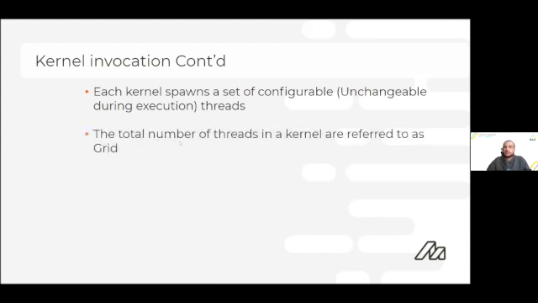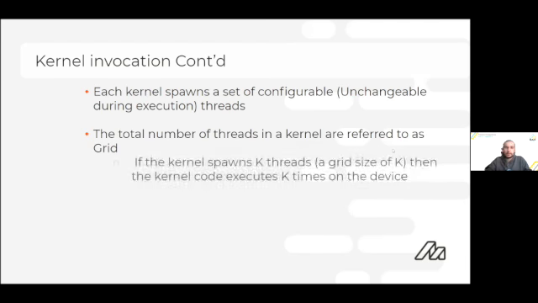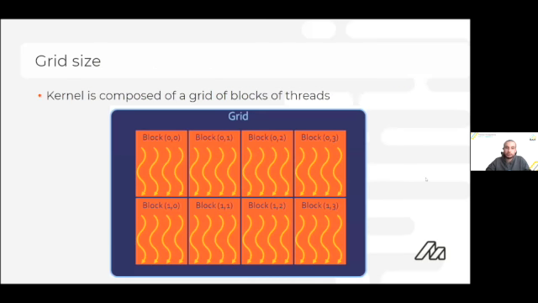The total number of threads in a kernel is referred to as a grid. So if the kernel spawns k threads, a grid size of k threads, then there are k execution threads that are going to be running the same task and the same program and are going to be spawned in the GPU. So don't let the name and the terminology scare you. It's just simple organization.